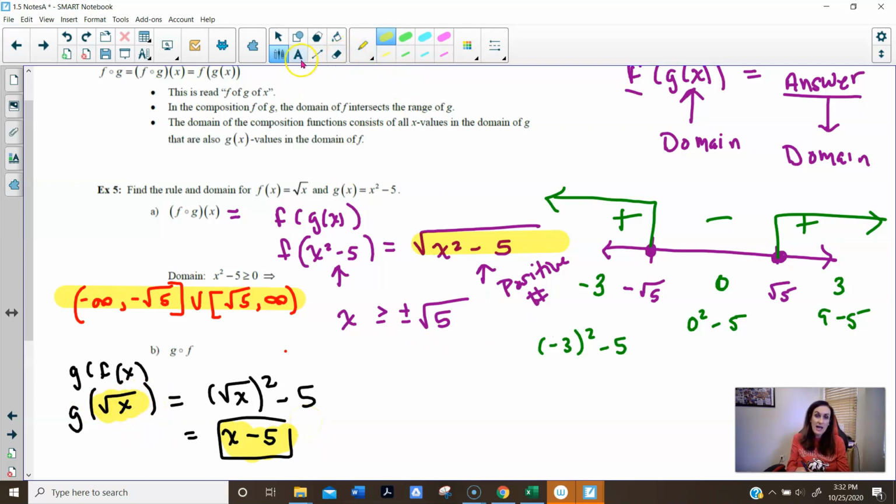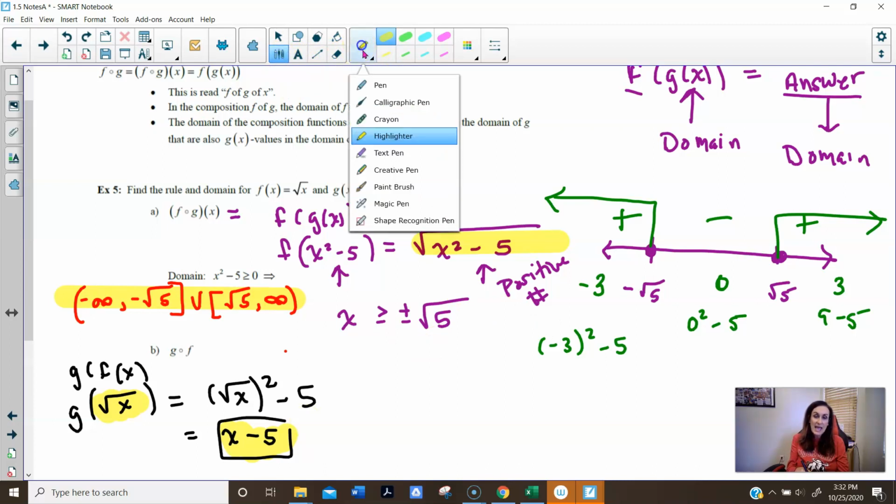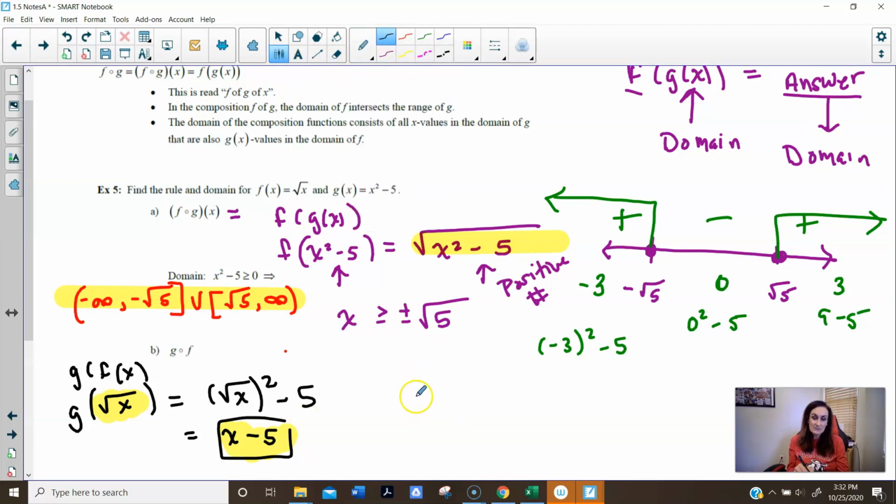So I am going to take x has to be greater than or equal to 0. So that's this right here. And so my domain is going to go from 0 to infinity.